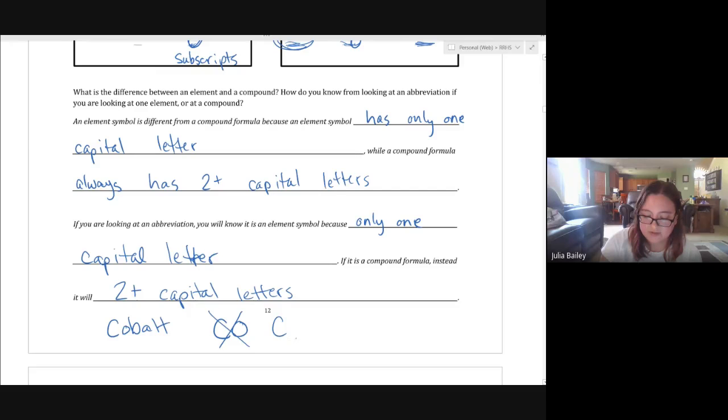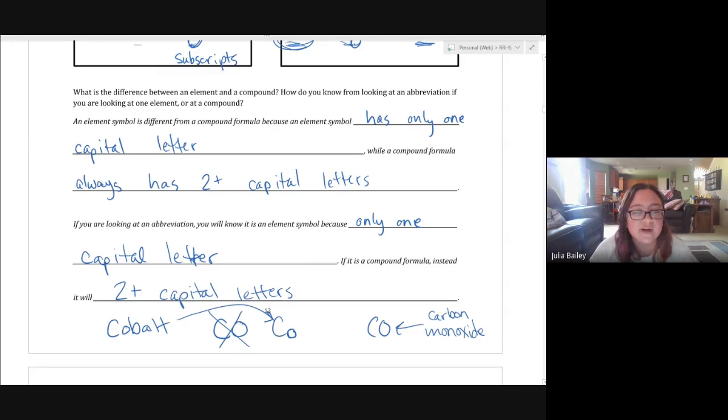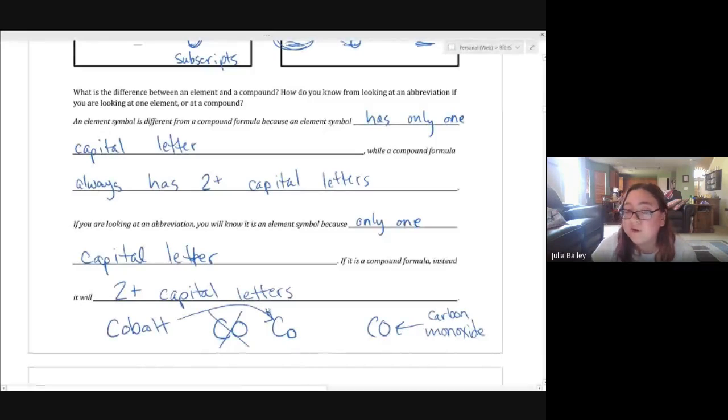It's only cobalt if the O is lowercase. Because if you write C and a capital O that's the same size as the C, that's actually carbon monoxide, which is a compound. So you have to be careful how you write, and watch your handwriting. So something to look out for.